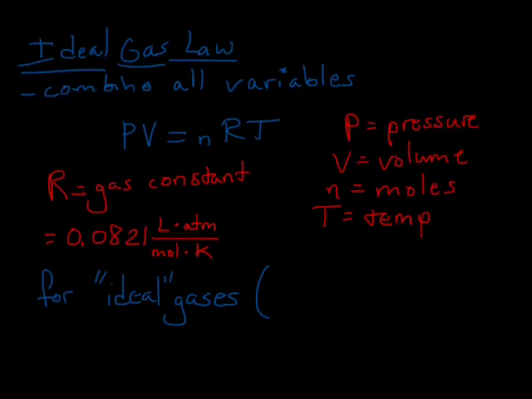But this is for gases when they're about at 1 atm. They're not too far extreme away from that. You can have lots of different pressures, but if they're somewhere around that and they're somewhere around room temperature, which is somewhere around 20 to 25 degrees Celsius, the ideal gas law works perfectly when you have those conditions.